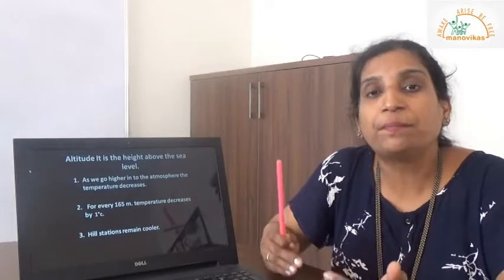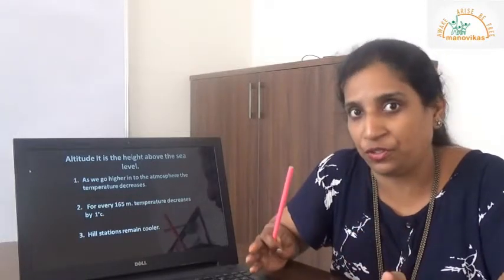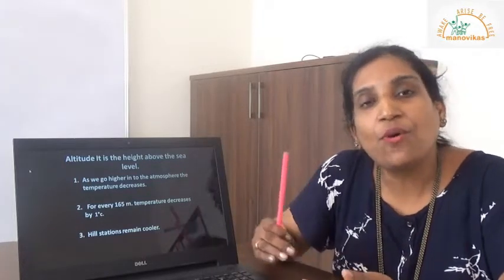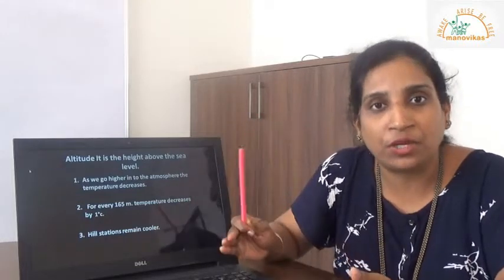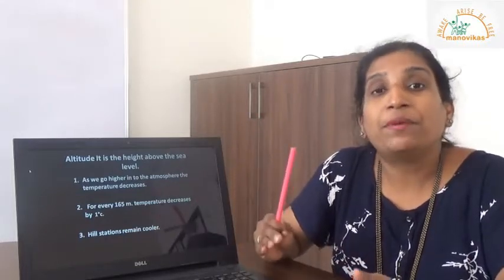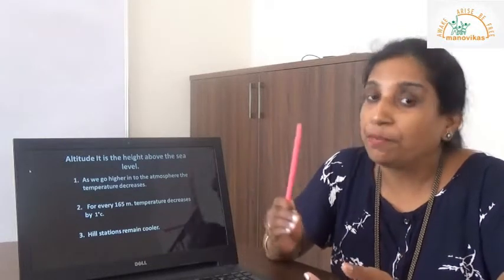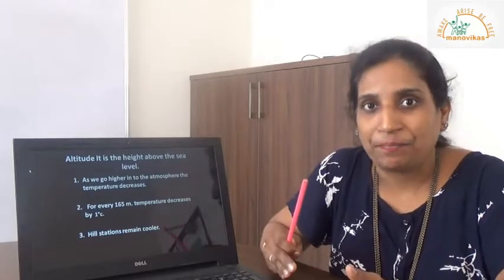This is because of something called the normal lapse rate. This is something new for all of you. Normal lapse rate means that as you go higher into the atmosphere, if you are climbing a high peak mountain, the temperature drops by 1 degree Celsius for every 165 meters. Imagine you are at the base of this mountain and the temperature is 35 degrees.